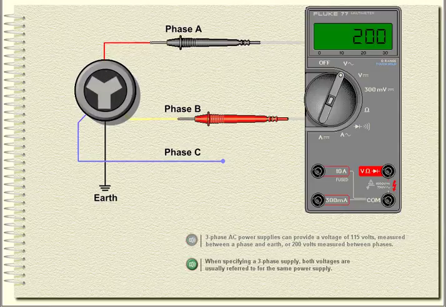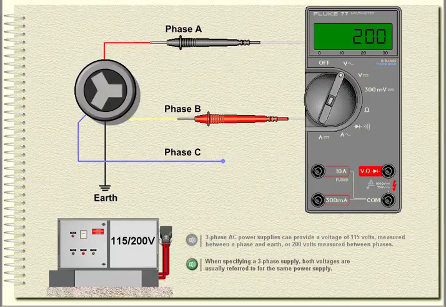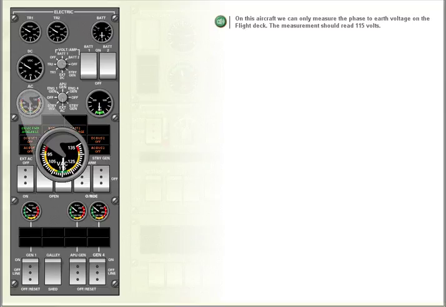When specifying a three-phase supply, both voltages are usually referred to for the same power supply. On this aircraft, we can only measure the phase-to-earth voltage on the flight deck. The measurement should read 115 volts.